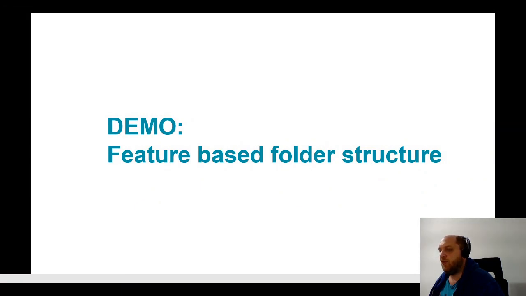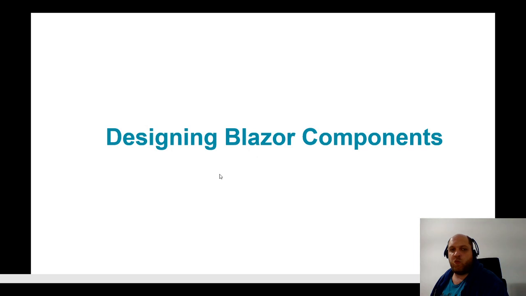So let's get back to the PowerPoint right now. Okay, so we have looked into this. We've seen how a very simple folder structure might look in a Blazor application. So let's go one step further and talk about Blazor components, because components are really the vital part in Blazor, just like components are the vital part in Angular.